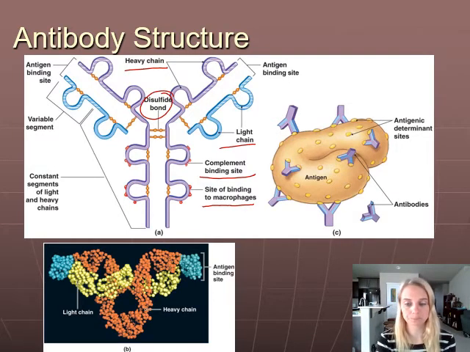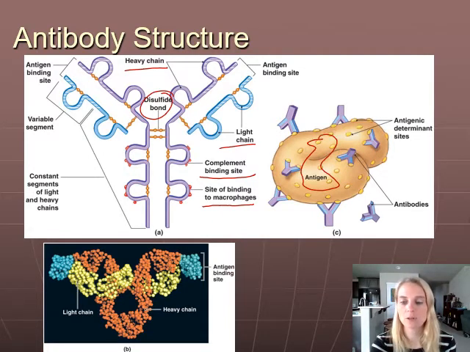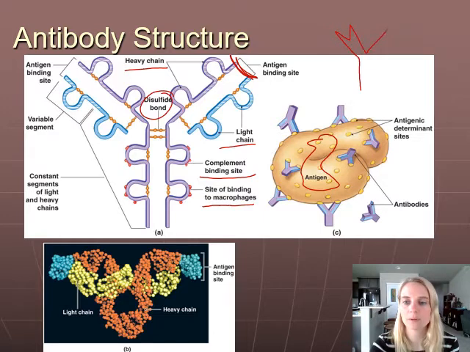All right. So in this diagram over here, the big orange thing is the antigen, right? All of this is the antigen, and all the little yellow bits are what's called the antigenic determinant sites. It is the specific molecular shape of those antigenic determinant sites that the antigen binding site binds to. Back when we were talking about blood, I usually drew an antibody with a triangle shape like this.